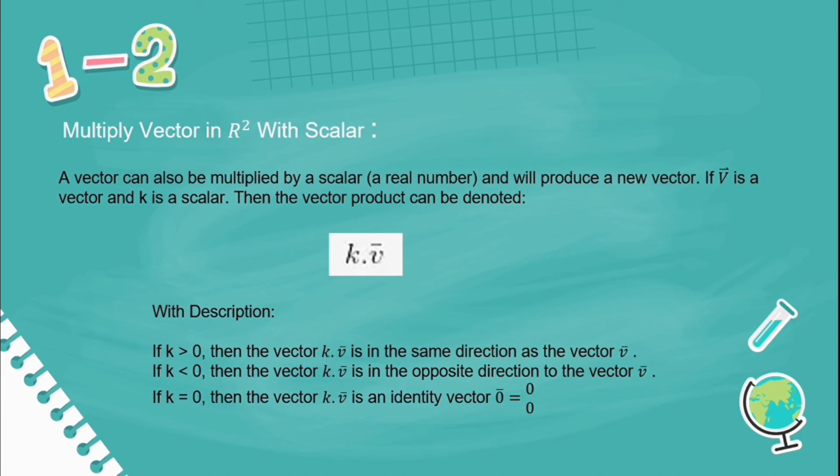If k equals 0, then the vector k multiplied by vector v is the zero vector, 0 equals (0, 0).